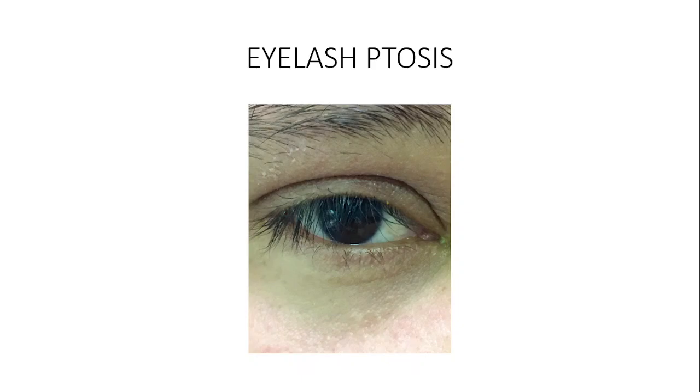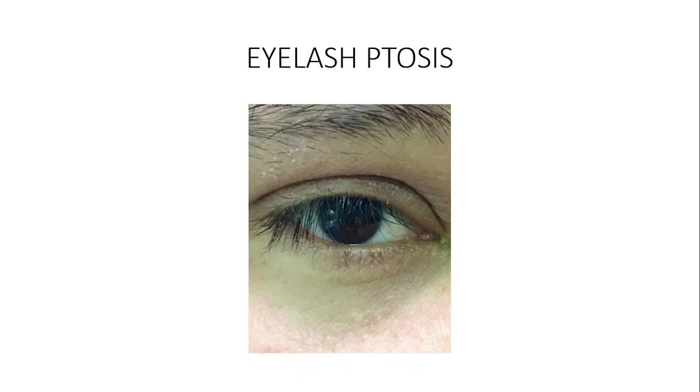Another terminology you should know when it comes to eyelash disorders is known as what? Eyelash ptosis. Per previous class, when you hear ptosis, it means there's abnormal descent or drooping of some structure.